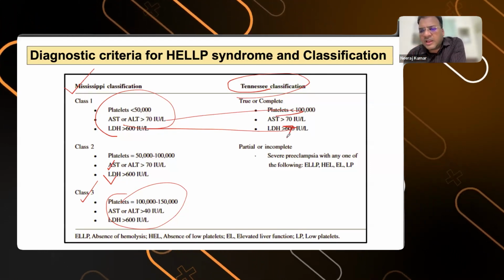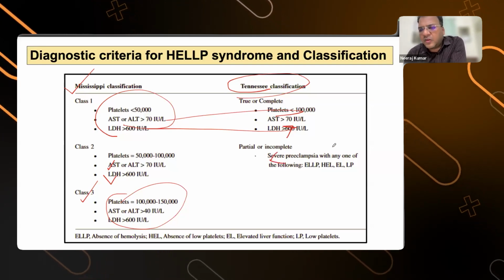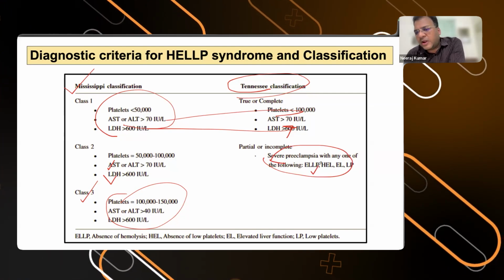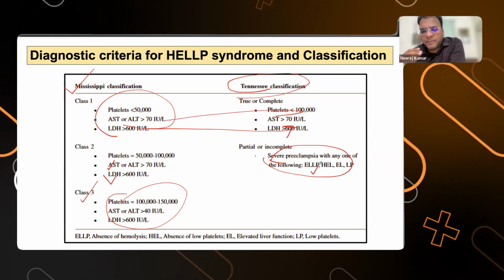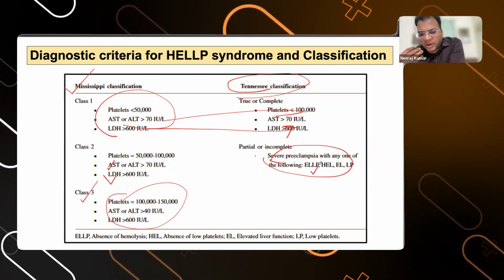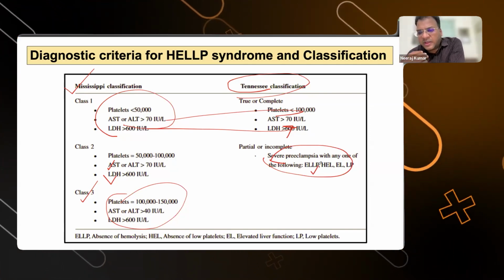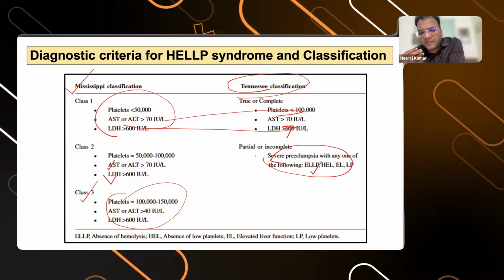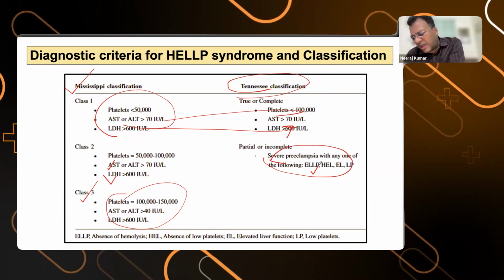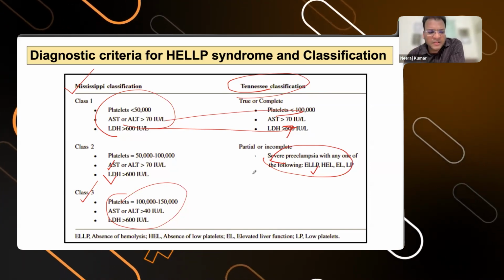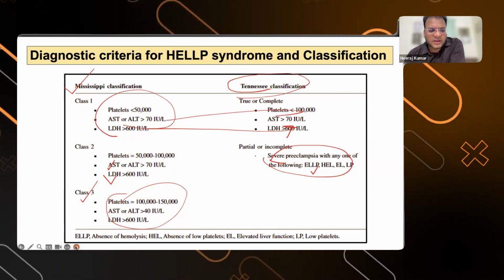Tennessee partial is when the patient presents with severe preeclampsia with any of the following: elevated liver function, absence of low platelets, absence of hemolysis, or very low platelets. So based on that, this is classified.